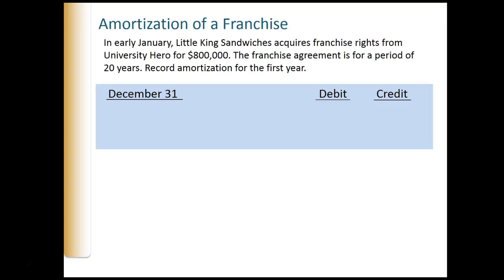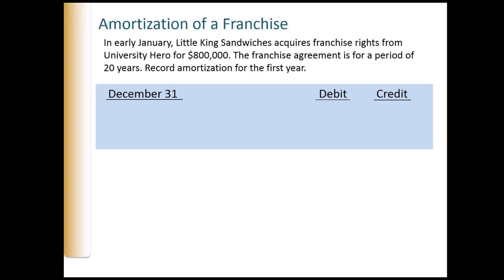Here's an example. In early January, Little King Sandwiches acquires franchise rights from University Hero for $800,000. The franchise agreement is for a period of 20 years. In addition, Little King purchases a patent for a meat slicing process for $72,000. The original legal life of the patent was 20 years, and there's 12 years remaining.